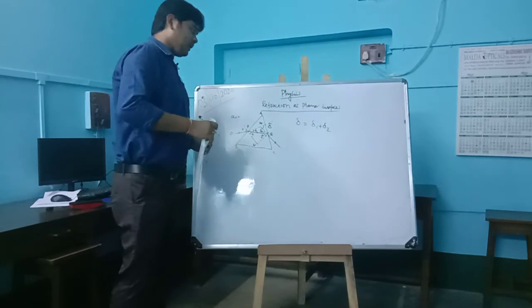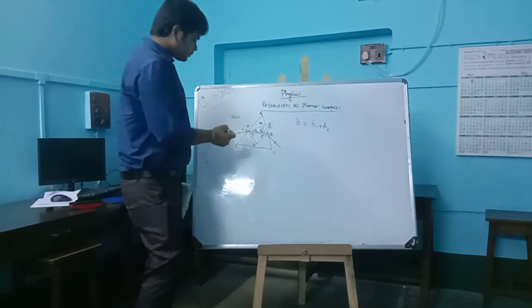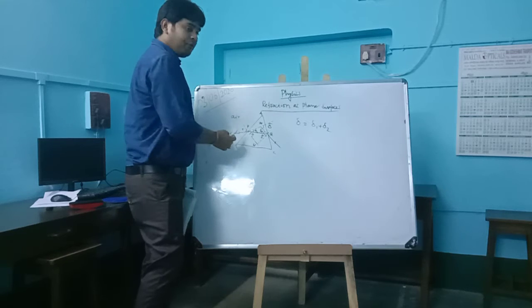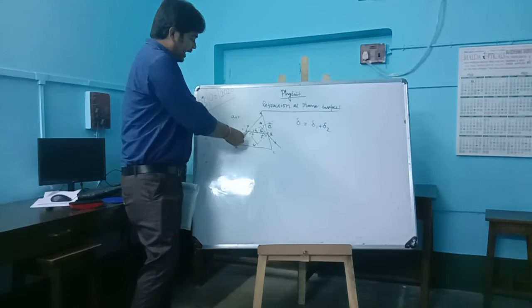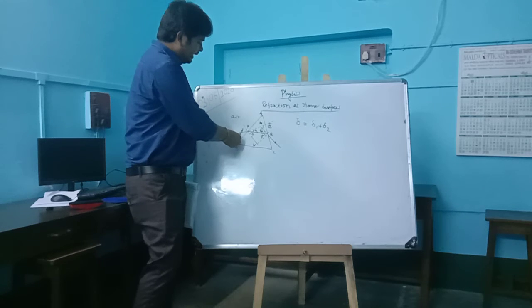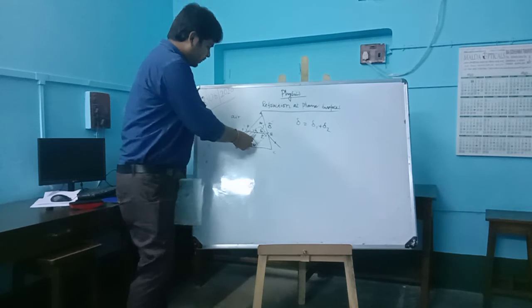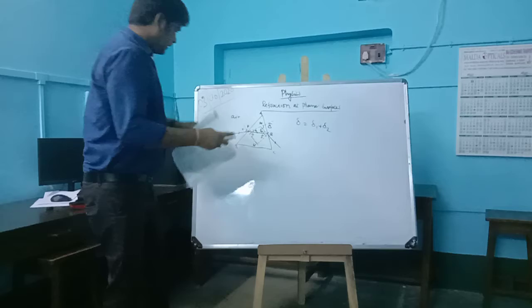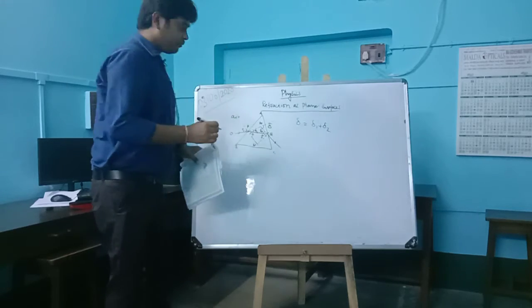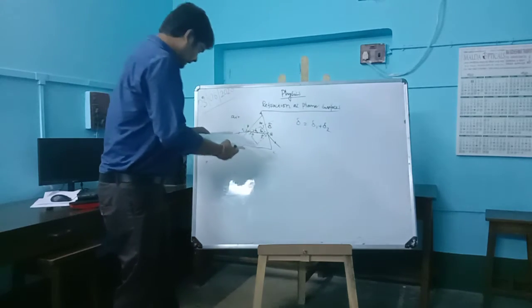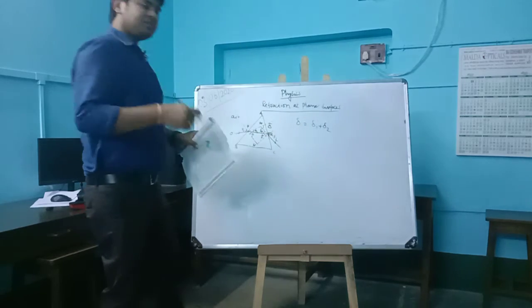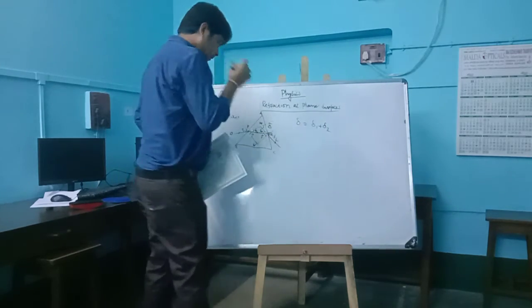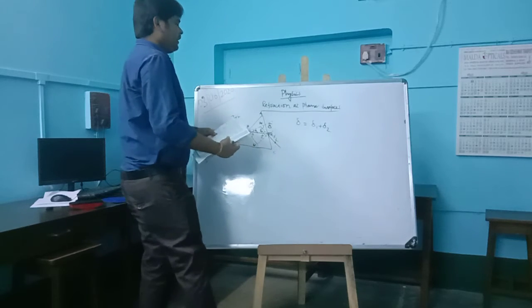Okay, now at this point, when the incident ray strikes at point P, this is I1 according to your book, and I am writing this emergent angle I2. You can change it as you wish. I1 and I2.